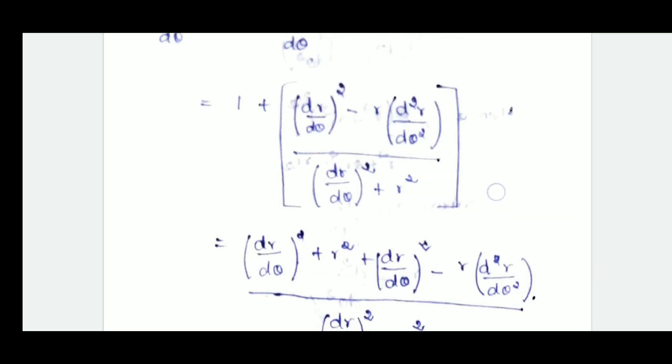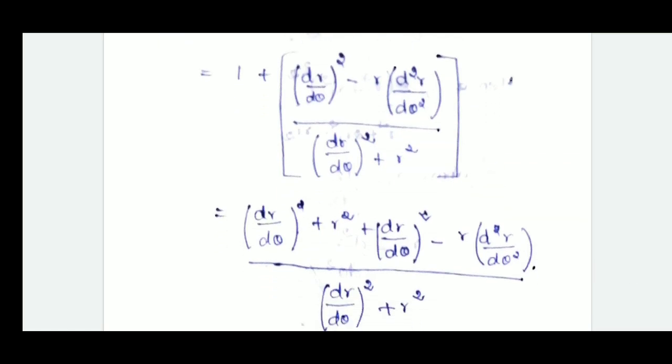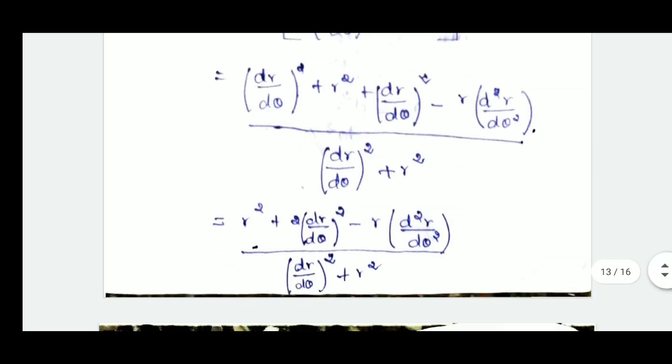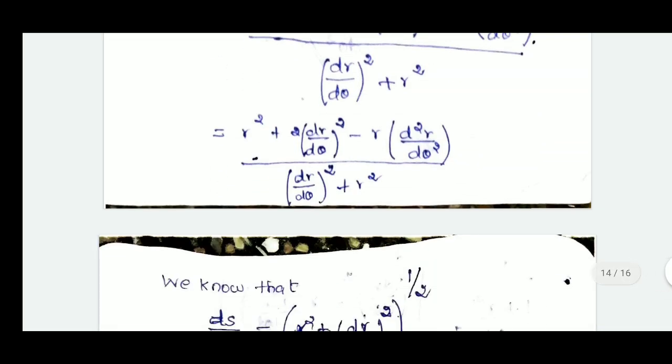By taking the LCM we get dr by d theta the whole square plus r square plus dr by d theta the whole square minus r into d square r by d theta square, over dr by d theta the whole square plus r square. So dr by d theta the whole square plus dr by d theta the whole square gives 2 dr by d theta the whole square. So equal to r square plus 2 dr by d theta the whole square minus r into d square r by d theta square, by dr by d theta the whole square plus r square.